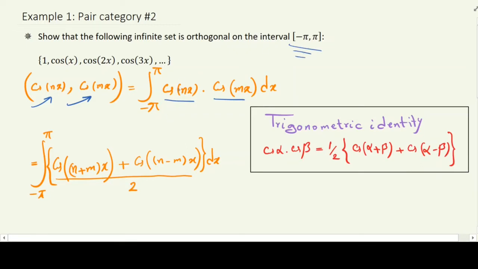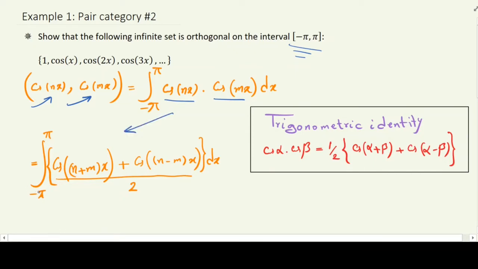So the way to deal with this integral is just to use the trigonometric identity that we have shown here. We have two cosines, right? If you look at this identity, cosine alpha times cosine beta can be written as the summation of two cosine functions. If we use this identity, then we can rewrite this integral as this one.